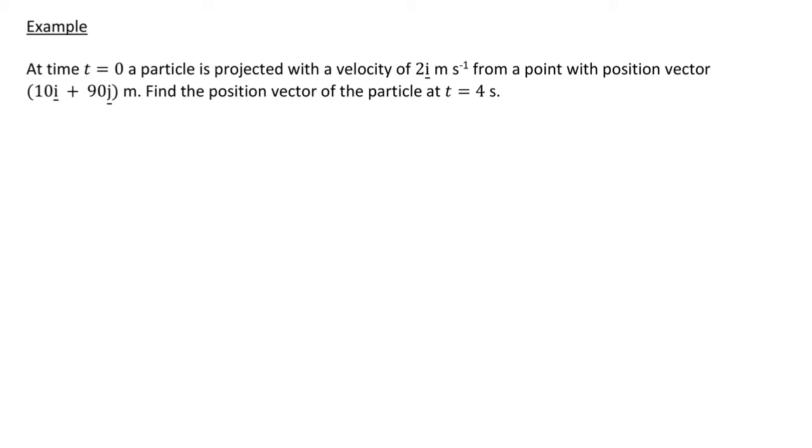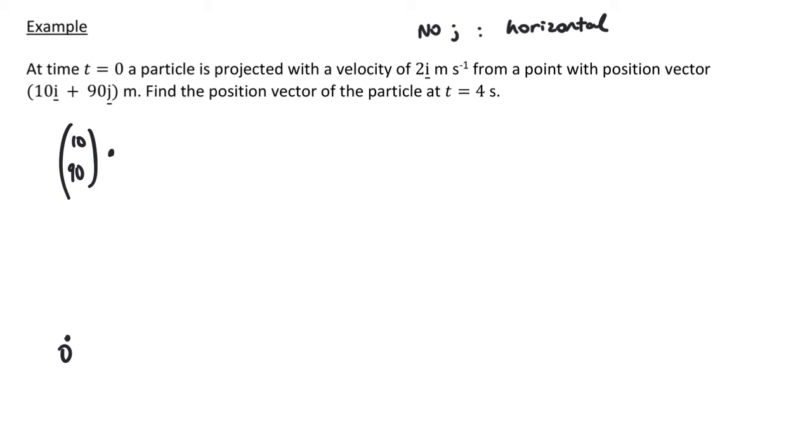Our next example then: at time t equals 0, a particle is projected with a velocity of 2i meters per second. That means there's no j, so it's just a horizontal projection. And it's been projected from 10i plus 90j. So if we have an origin, 10i plus 90j would be up here, and we could put it in component form, vector form of (10, 90).